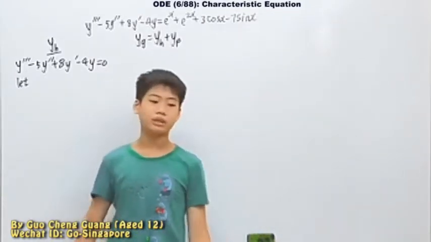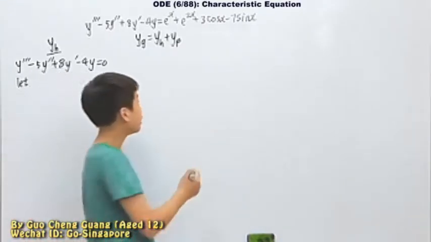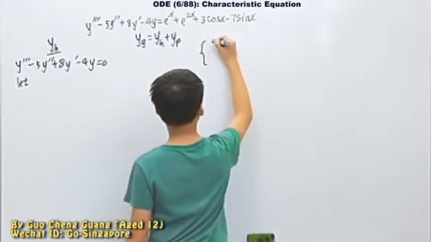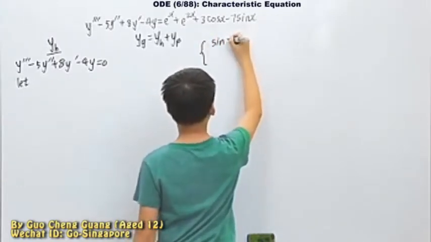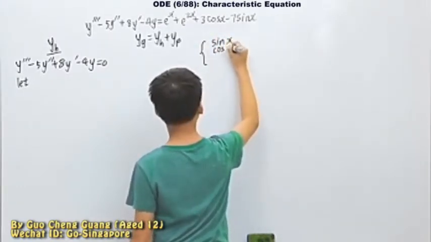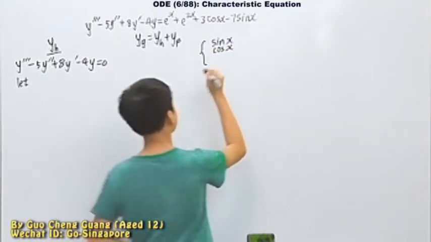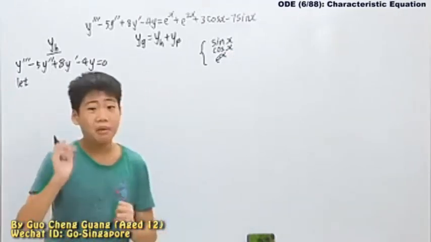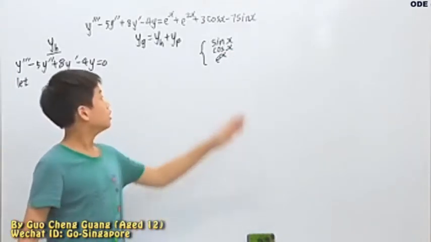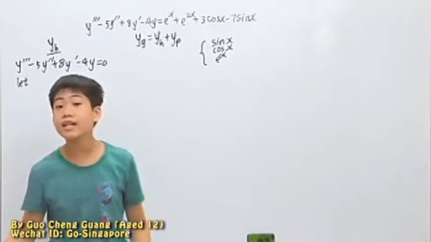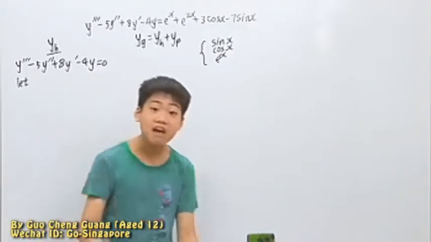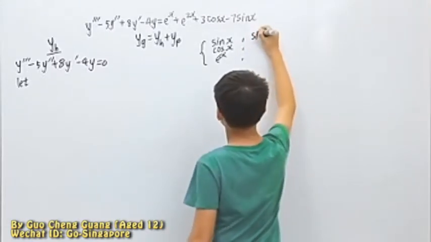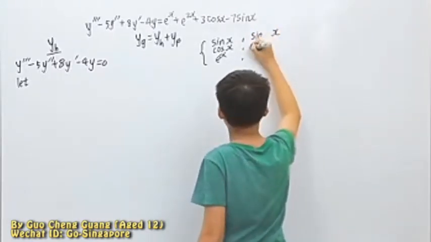But which of them is the best? At first, in the last lesson, I wrote it as sine, cosine, and e to the power of x. But I want to add a bit, because x can have a coefficient. That means there can be something in front of this x.